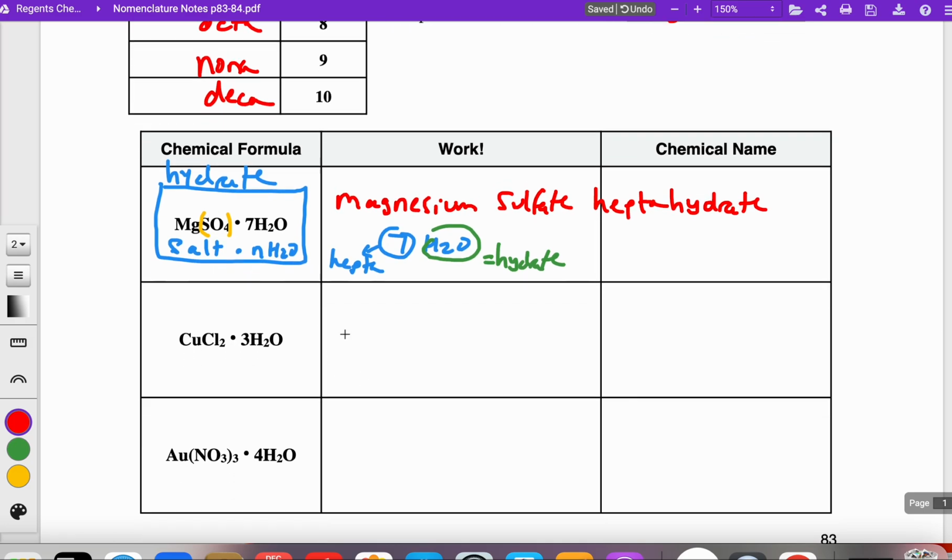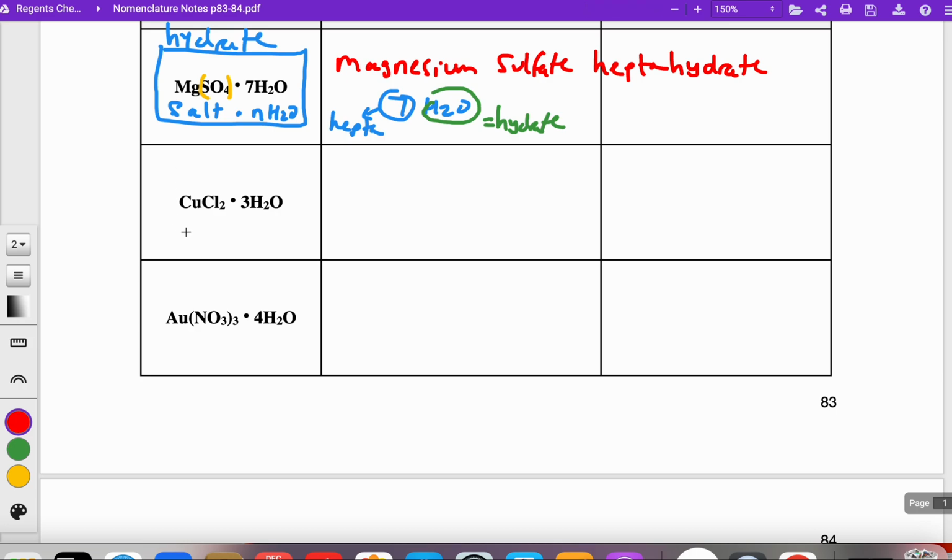Okay, looking at the next one, I have CuCl2, big fat dot, 3H2O. The salt is the CuCl2. Cu, according to table S, is copper. Cl, according to table S, is chlorine, so it becomes chloride.